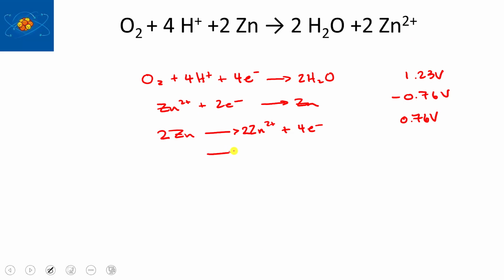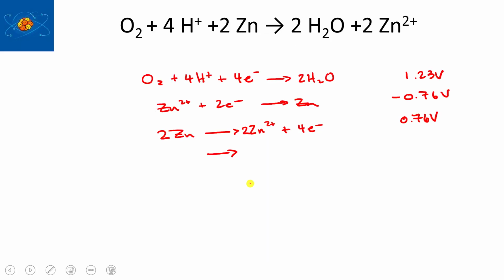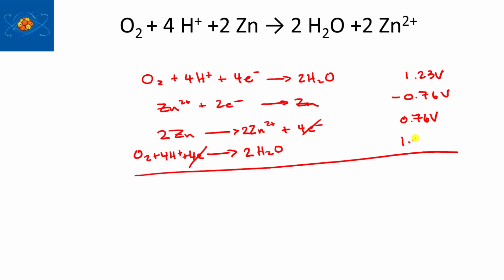I'll go ahead and write it down here. So this one's going to be O2 plus 4H plus 4 electrons makes 2H2O, like that. The electrons will cancel. That voltage is 1.23 volts. So what you see is I'll have 2 zinc on the left, that's that, O2 and 4H plus.